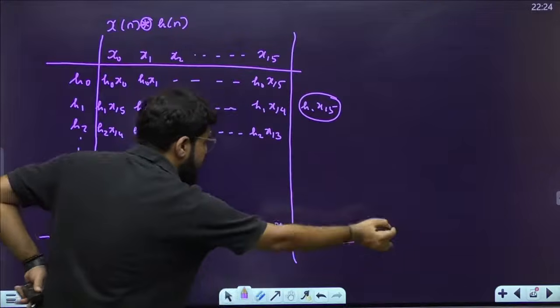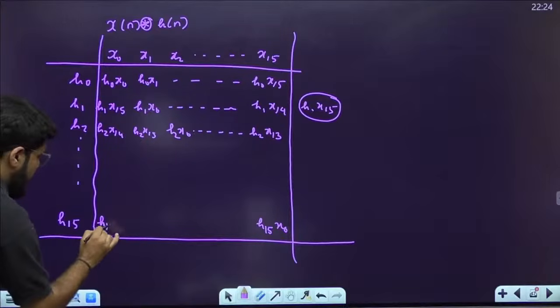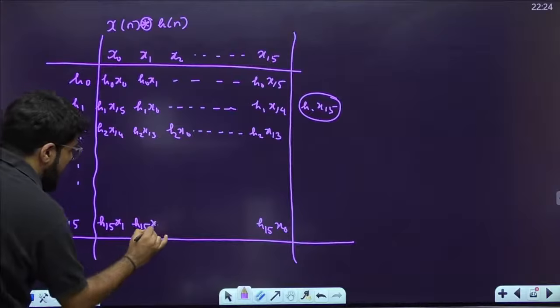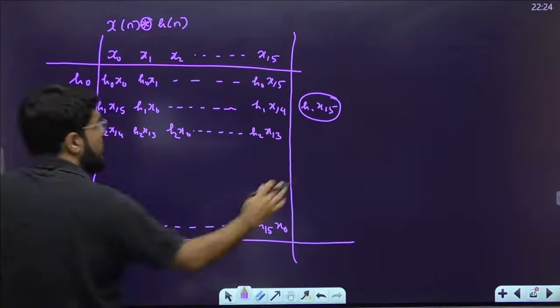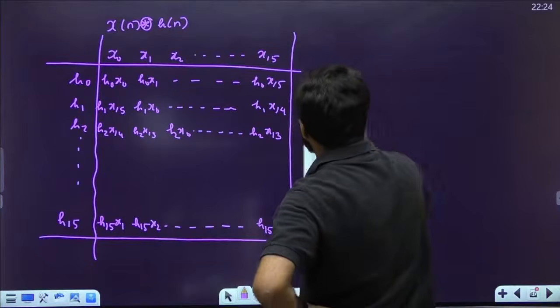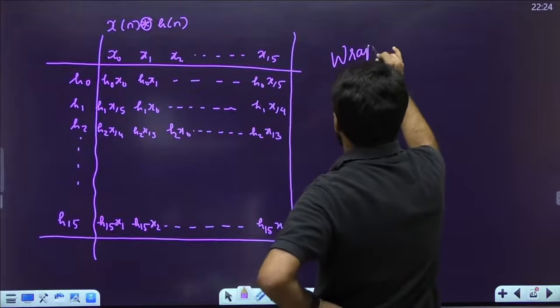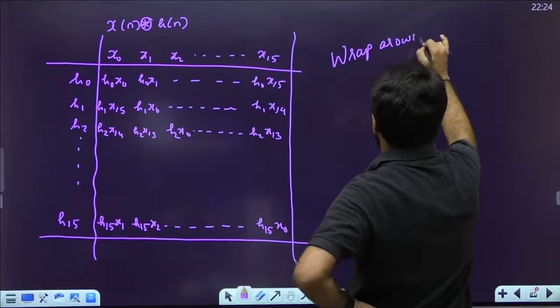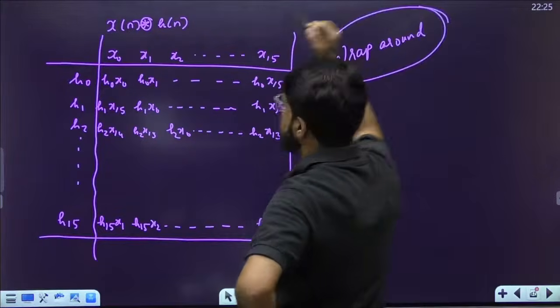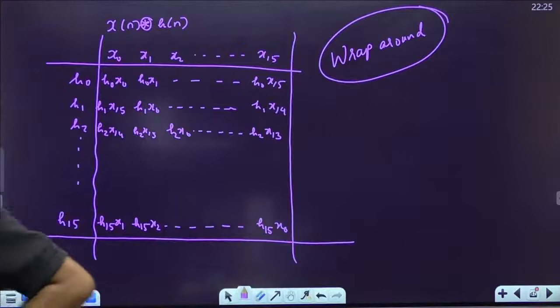All other terms will be wrapped around and come up here, so that will be h15x1, h15x2, and so on. This technique is known as the wraparound technique to quickly compute the circular convolution.